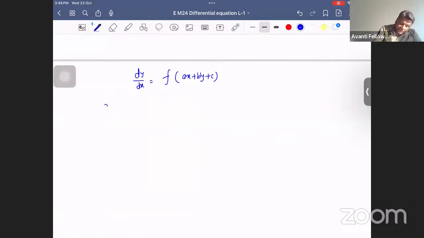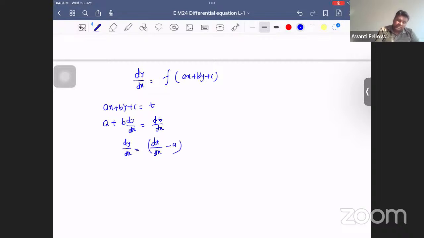So what do we do? We put ax plus by plus c as t. Now you differentiate it with respect to x. So a plus b dy by dx is dt by dx. So dy by dx became what? Dt by dx minus a, into 1 by b. So dy by dx is 1 by b dt by dx minus a upon b is equal to f of t.